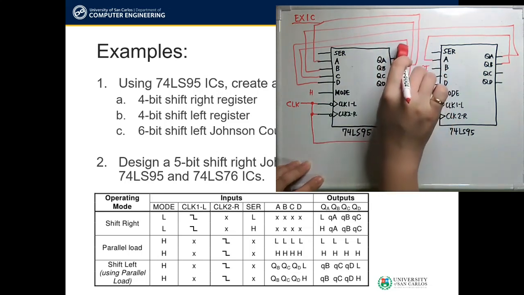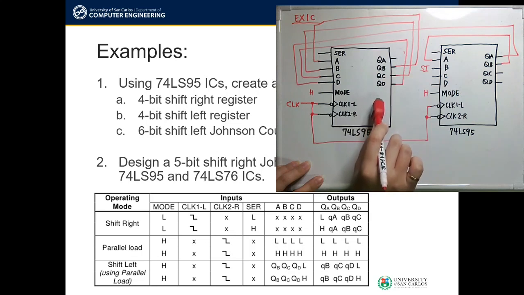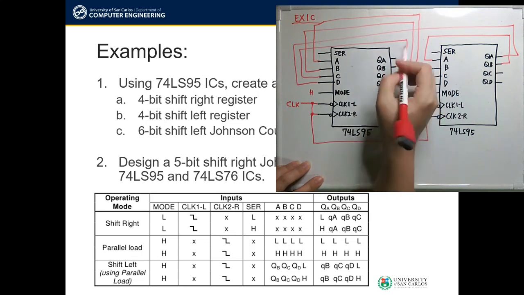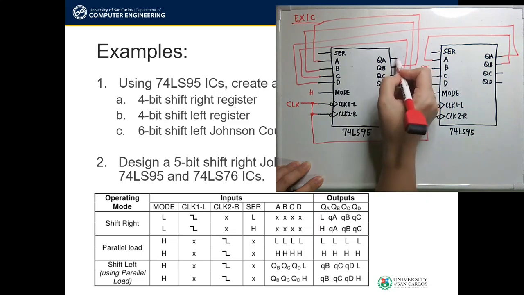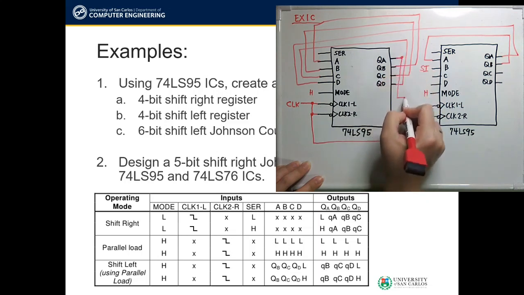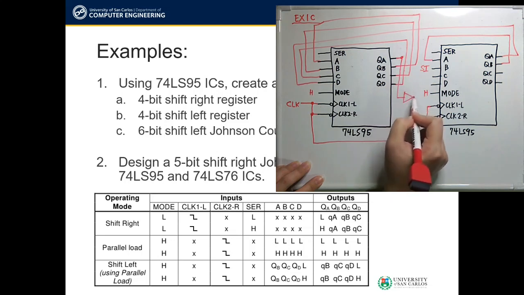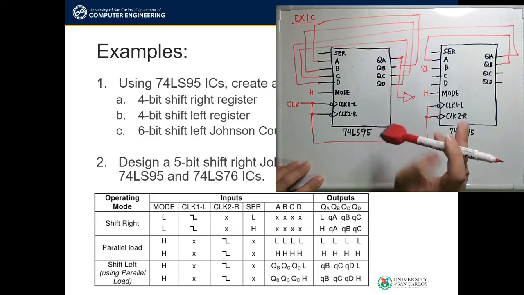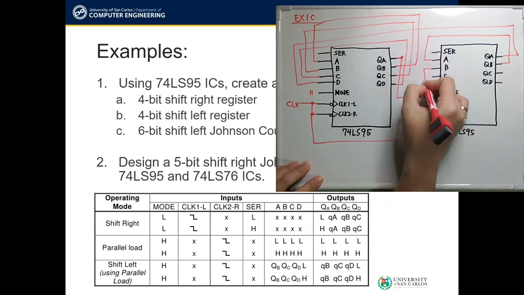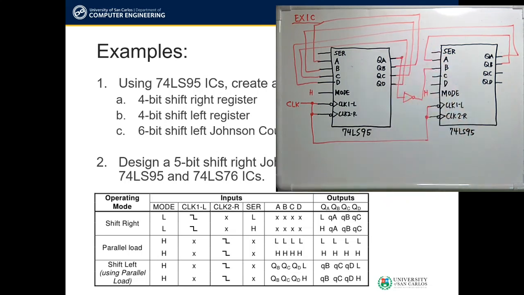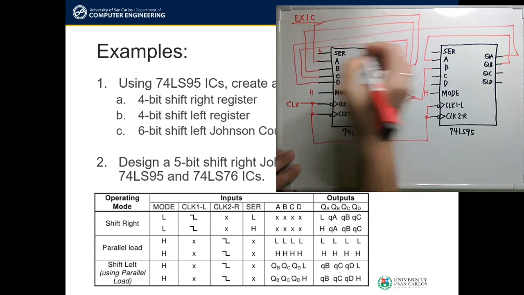Since we don't have complemented outputs on our 74LS95 IC, we need to use an inverter. Let's just put it here. This is our inverter, and we connect it back to our B input, which we labeled as our shift input. And all other unused inputs, we can set them to ground.